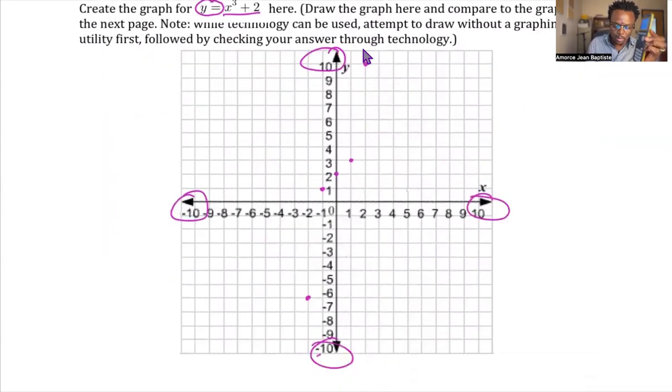So that means that's your x max. Oh, sorry, that's your y max. That's your y max. That's your x max. That equals 10, here is also 10.